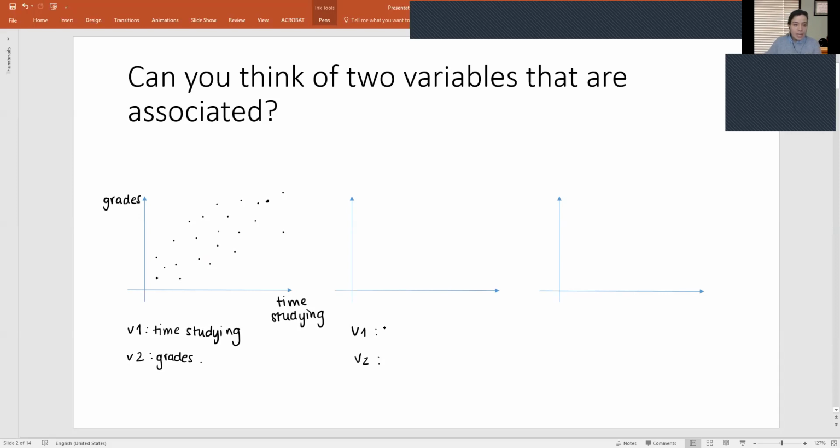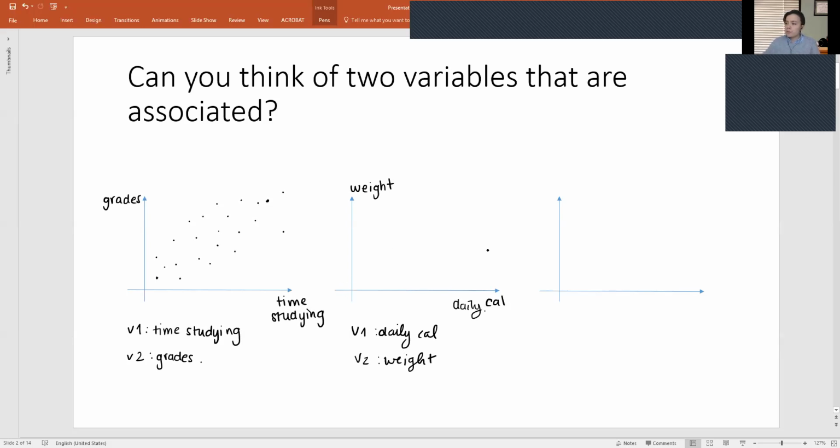Oh, there you go. Daily ingested calories and body weight. Okay, so we have calories and weight, right? And so this is daily, right? So this would be daily calories and weight.